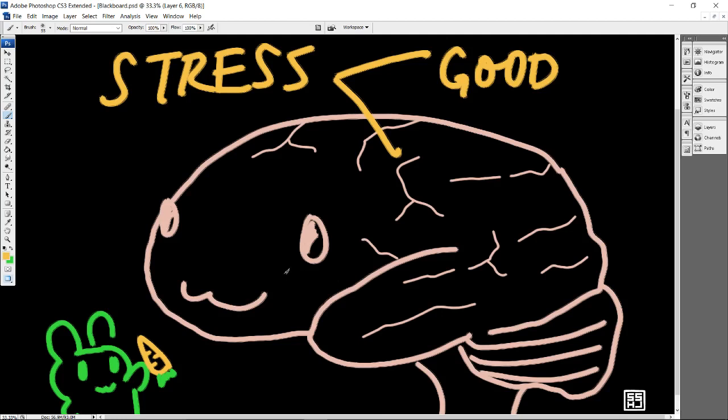Or you perform a challenging task like juggling balls or chugging a whole bottle of wine. Not that that's advisable, but that's short term, and we call it good stress because it ends.